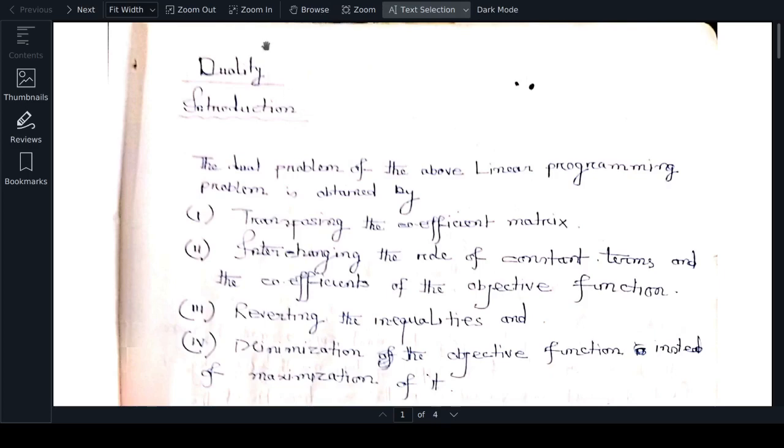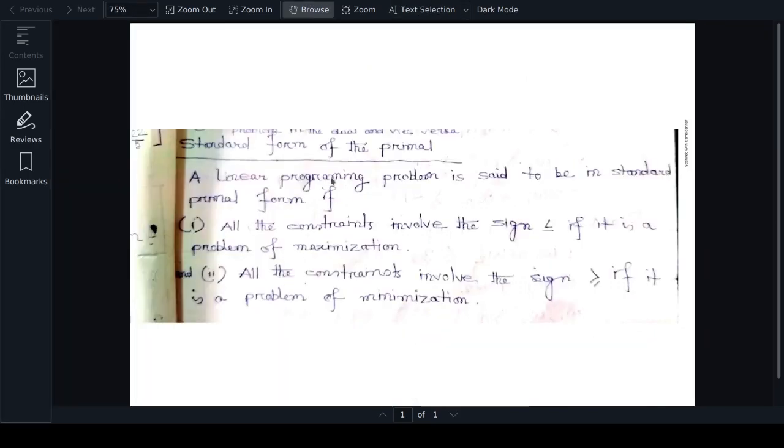If the problem is maximization, all constraint signs should be less than or equal to. If minimization, all constraint signs should be greater than or equal to. This is the standard form of the primal. Sometimes they ask this question: write the standard form of the primal.